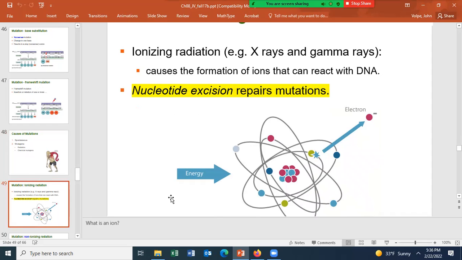Radiation, there's 2 types, ionizing radiation and non-ionizing radiation. Ionizing radiation has a large amount of energy, like X-rays or gamma rays.